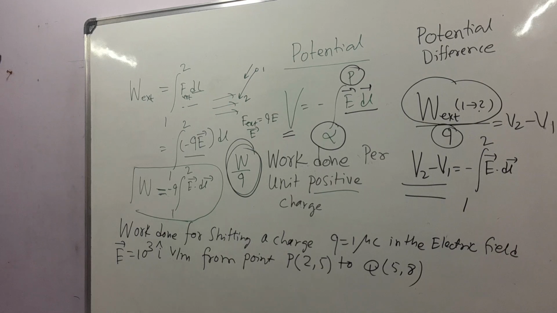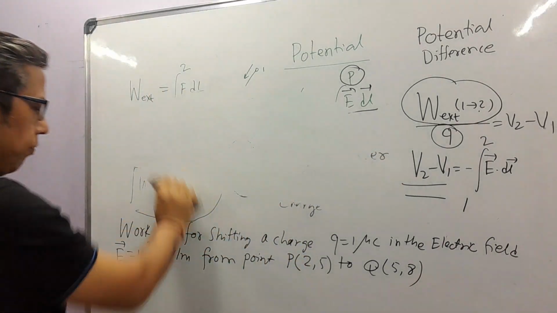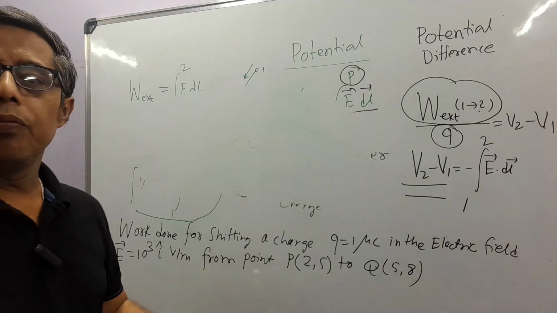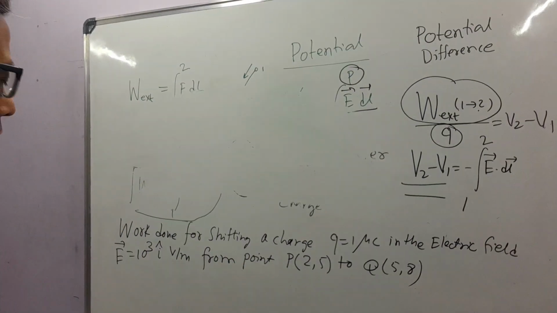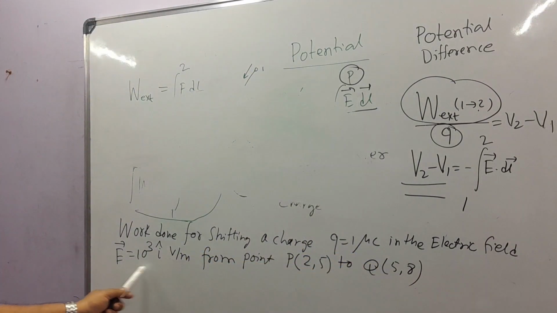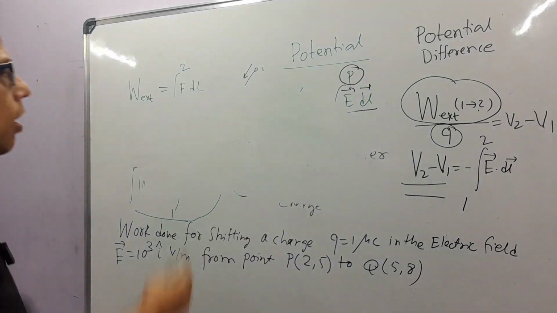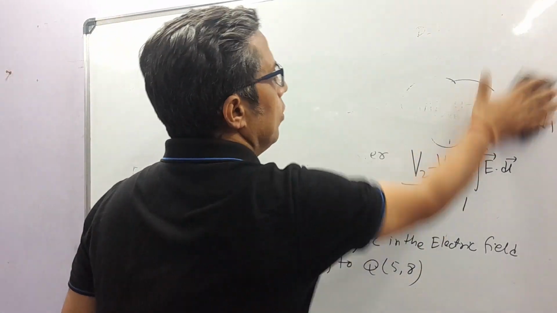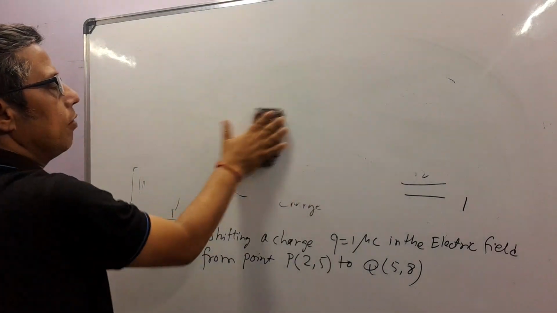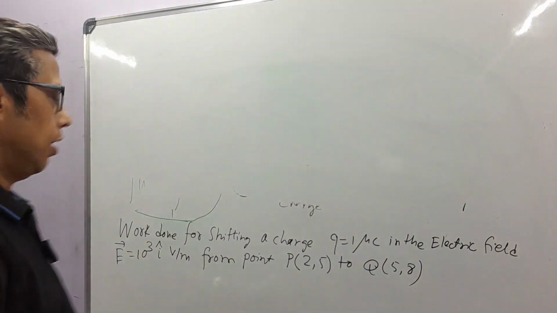Fine. So we got a numeric, like work done for shifting a charge. I hope you are able to see the screen. Work done for shifting a charge Q in the electric field from point P to point Q. Okay. So let us show the scenario here. Let's say there is an electric field.